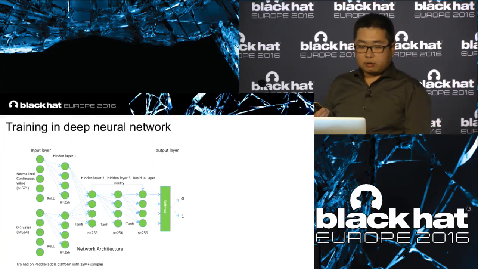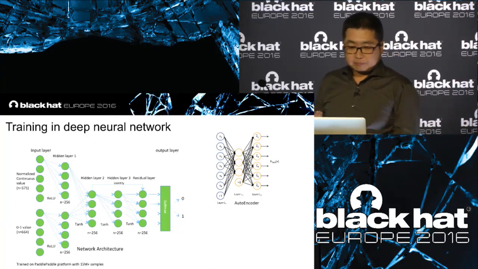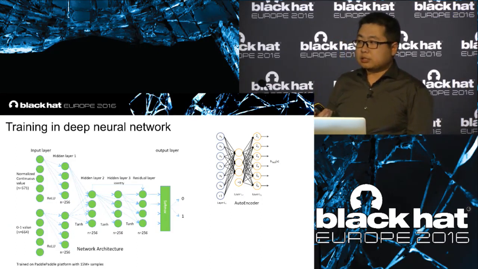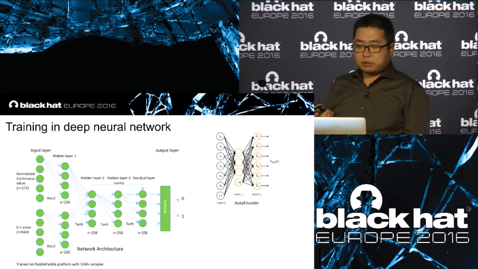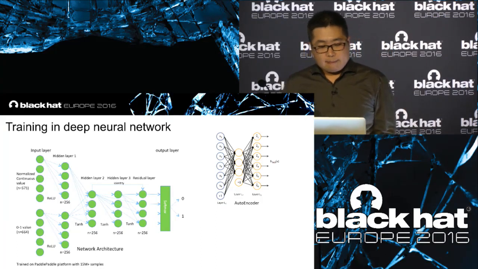Okay, and now let's talk about the training process. We use sparse autoencoder to train this network first. Autoencoder is an unsupervised learning algorithm that can find high quality and invariant features. It applies backpropagation and sets the target value to be equal to the inputs, like this schematic diagram shows.